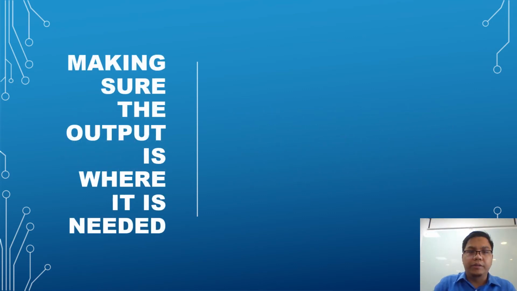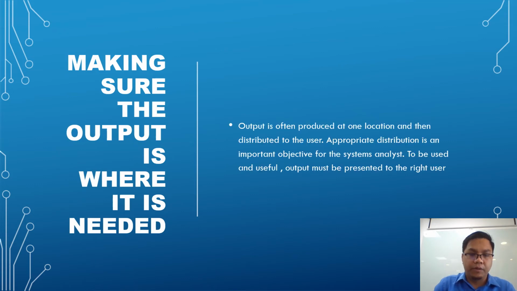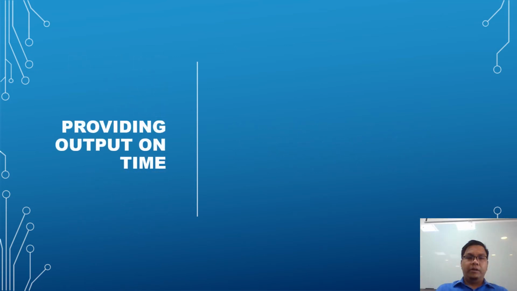The fourth one is making sure the output is where it is needed. Output is often produced at one location and then distributed to the user. Appropriate distribution is an important objective for the system analyst. To be used and useful, output must be presented to the right user. The fifth one is providing output on time.